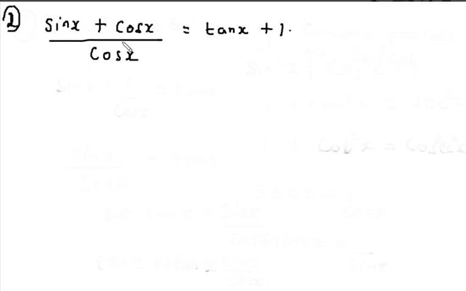The second step is to make sure all terms are in cosines and sines. This part already satisfies that second step. The next step is to simplify. We have sine x plus cos x, and we can divide this numerator, so this can also mean sine x over cos x plus cos x over cos x.